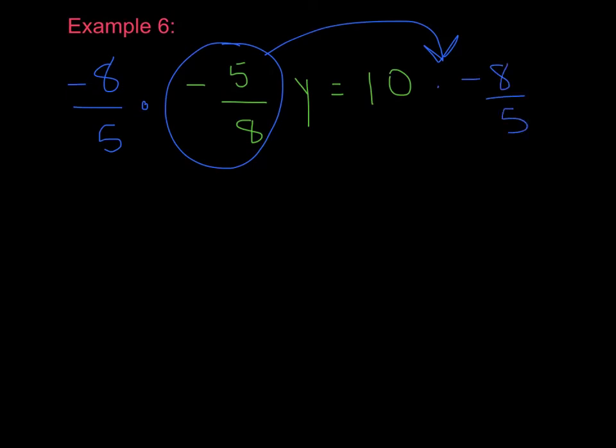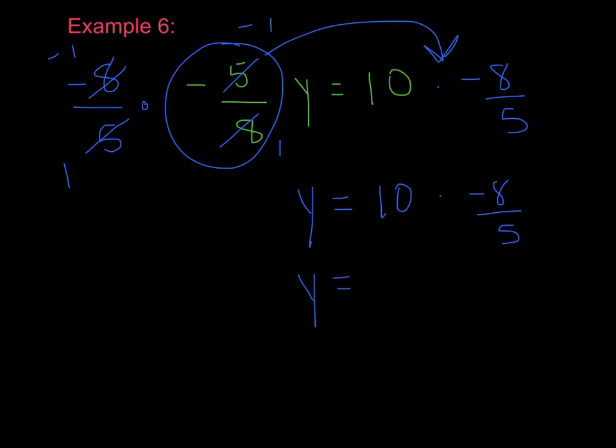And let's see, -8 and 8, that cross cancels to -1/1. 5 and -5 makes a -1/1, and -1 times -1 is a +1. So we eliminated the fraction. We get y equals 10 times -8/5.